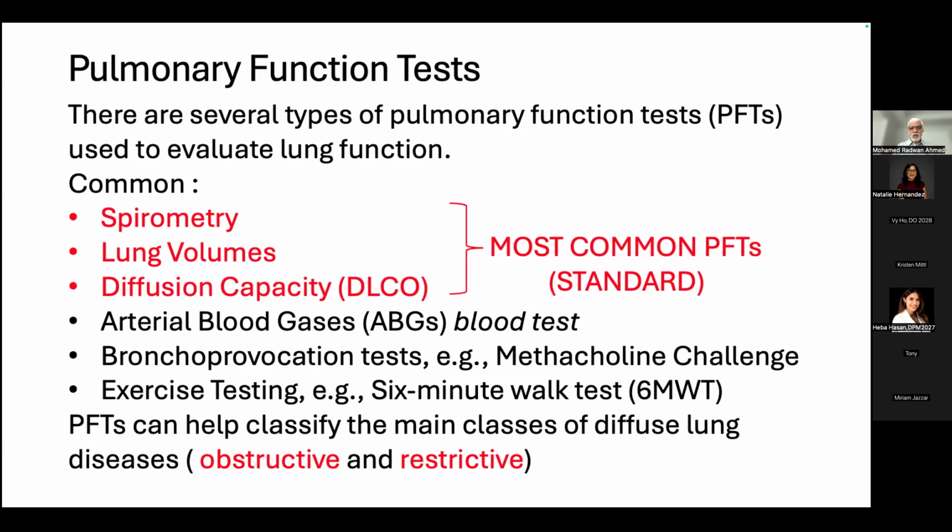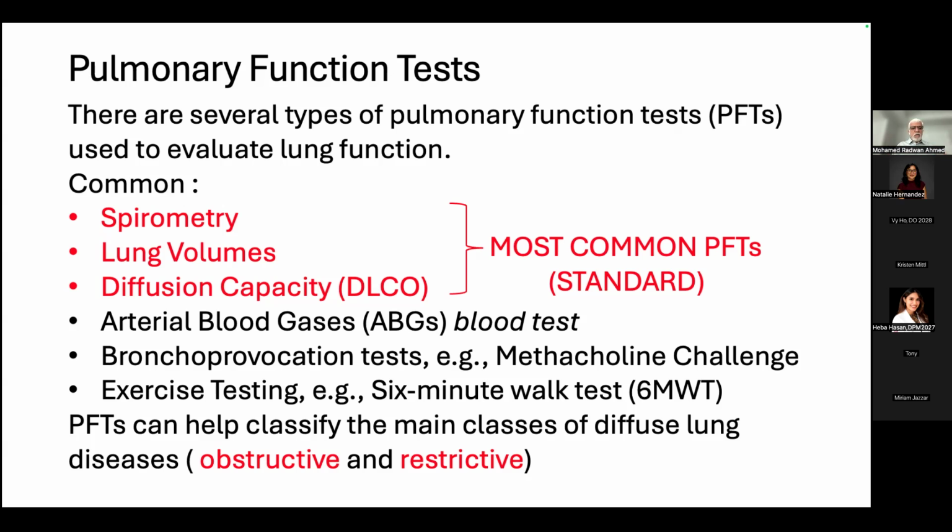Okay. So we have other tests, of course. There is a very big list of pulmonary function tests, but we're going to focus on spirometry, lung volumes, probably some diffusion, but you can also do arterial blood gases. It's famous, but it's a blood test. It's not actually a lung test, but it tests the gases in the blood, which is the end product of respiration, right?